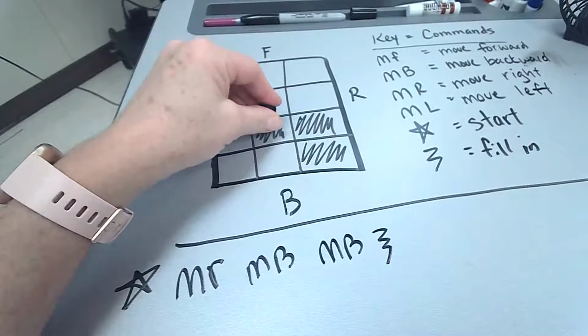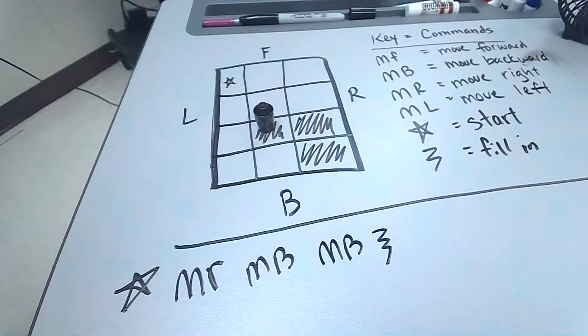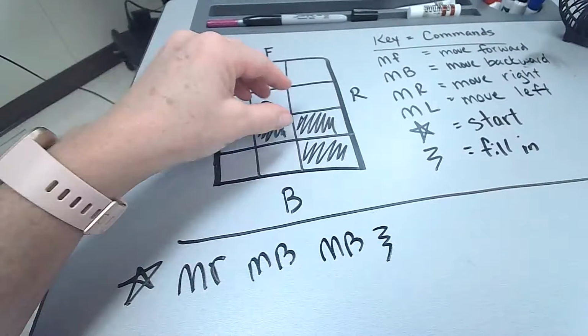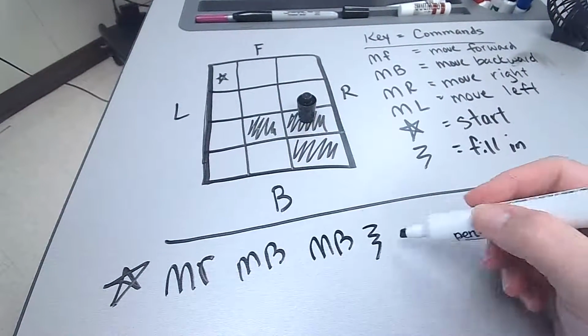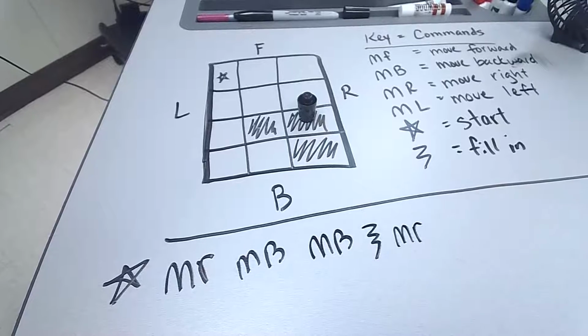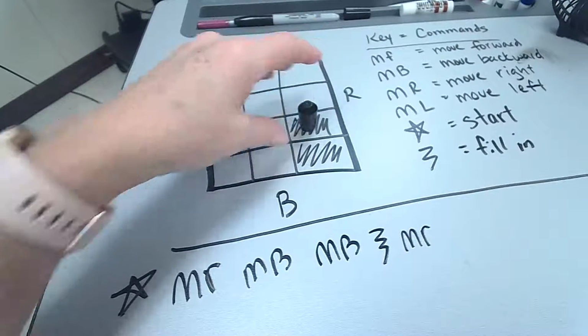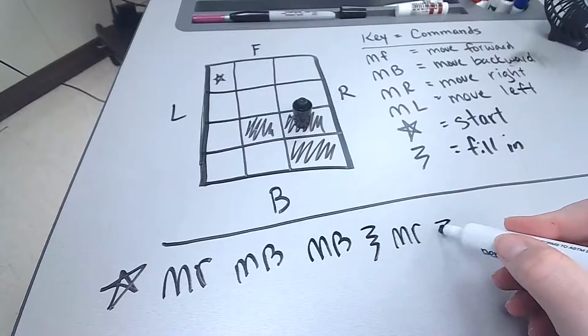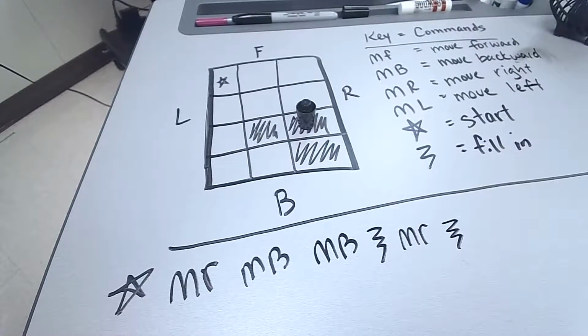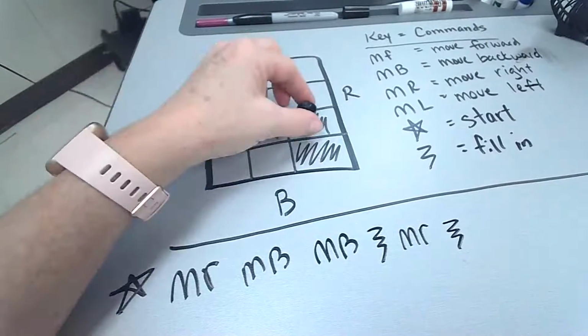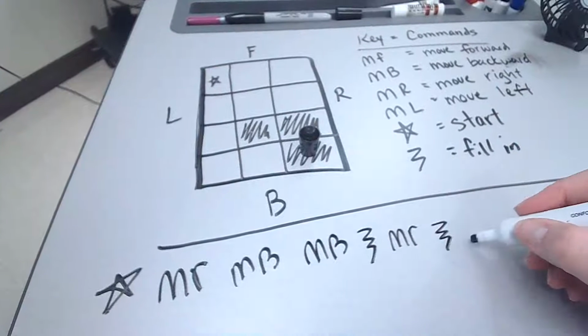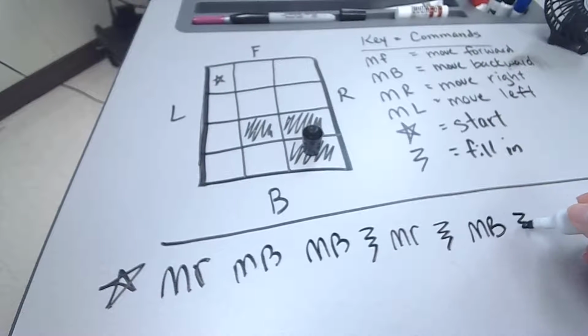So I've moved here and then I've filled it in. Which way do you guys want me to go? Right? Move right. What do I do now? Look inside the box. Fill it in. I know. Yeah, we're going to do this little symbol. Now, which way would you like me to go? Backwards. And fill in. That's great.